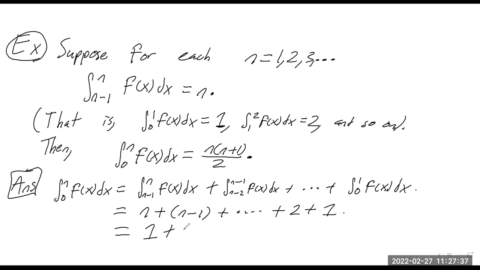But this is the same thing as just adding up all the positive integers from 1 to n. And using the finite sum formula that we know, this is exactly n times n plus 1 over 2. So just a fun little property you can deduce from linearity. In all honesty, I don't think this shows up a lot in real life, but it's something you can toy around with, have a little fun doing some abstract computation.